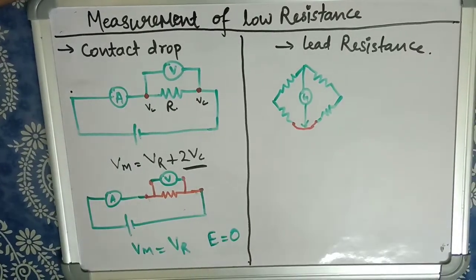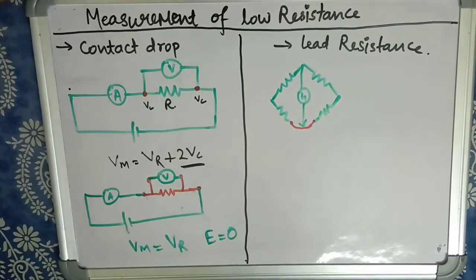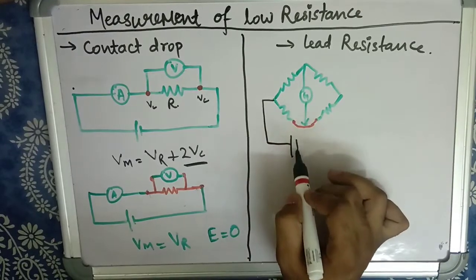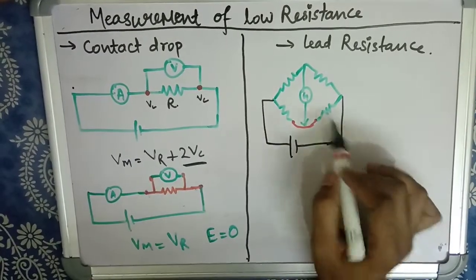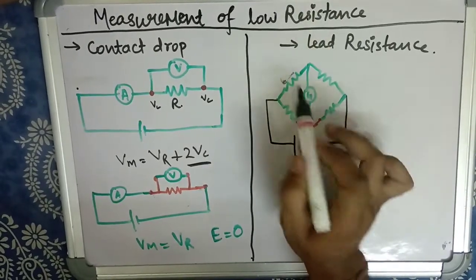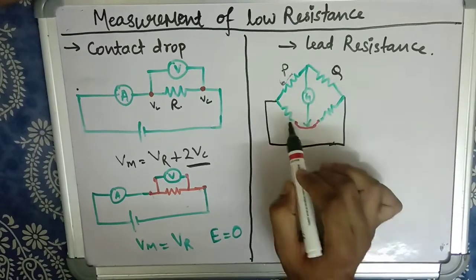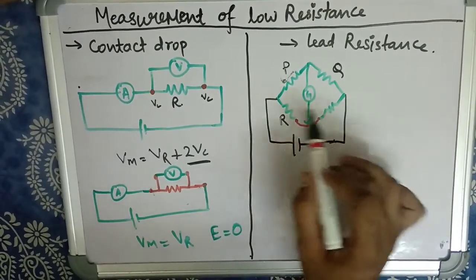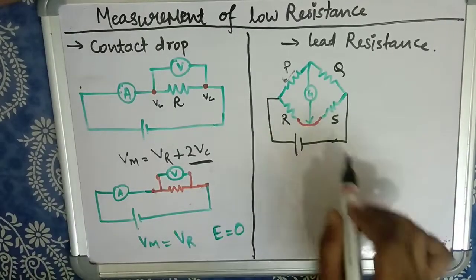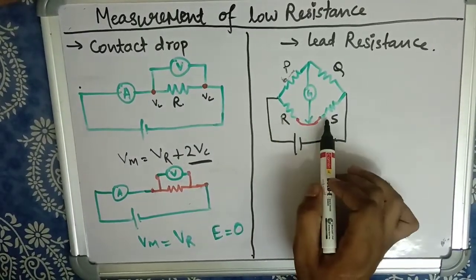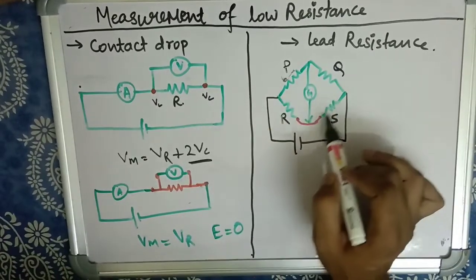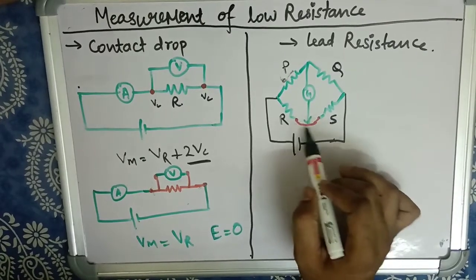Coming to our next problem, that is lead resistance. When we connected a battery here, we find that the resistances P and Q are good, but the R resistance is very small. To handle this, the S resistance should also be in the range of R. So when R and S are small, to connect them we use a lead.